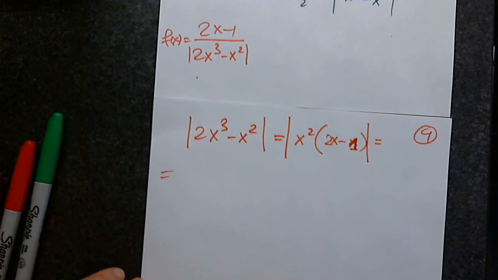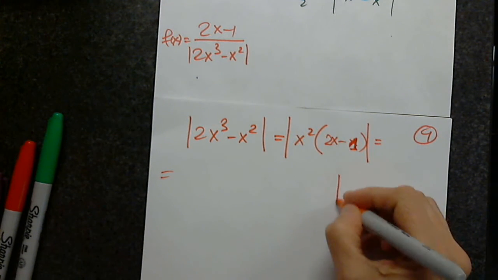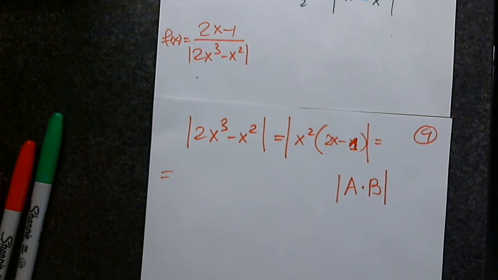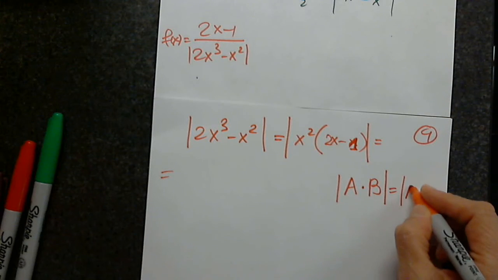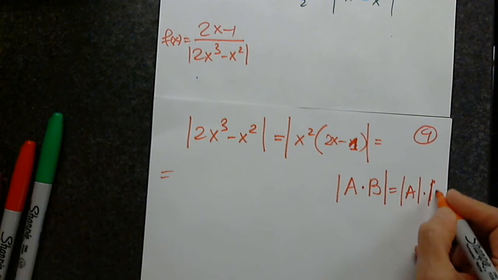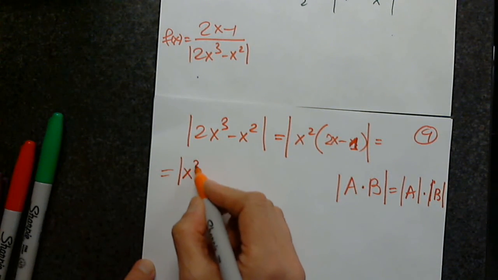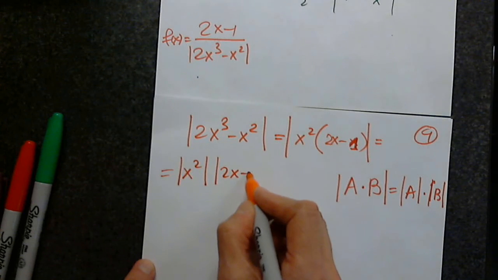Now, there is a property of the absolute value that allows us to change the absolute value of a product into the product of the absolute values. So this is the absolute value of x squared times the absolute value of 2x minus 1.